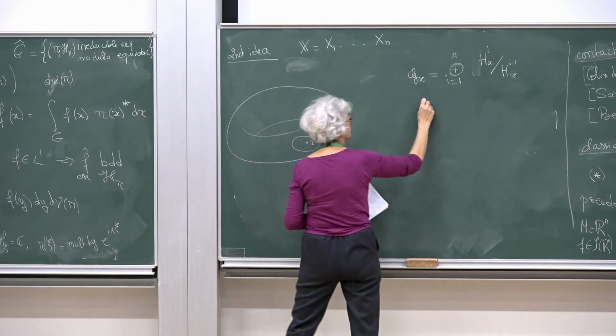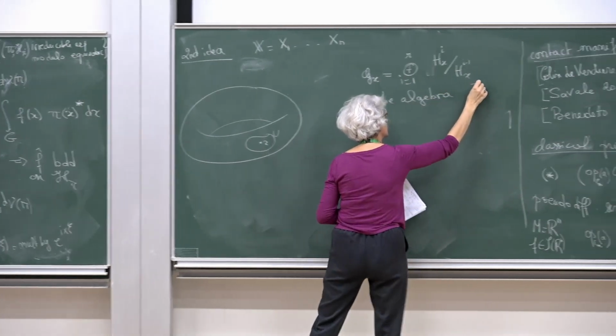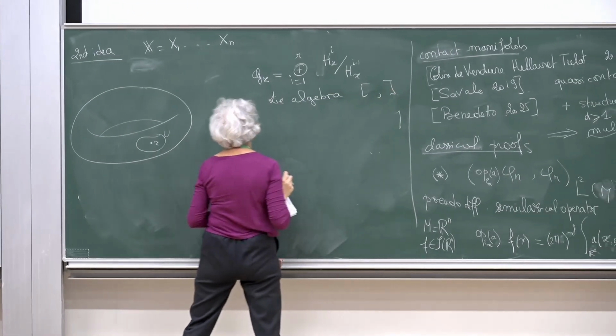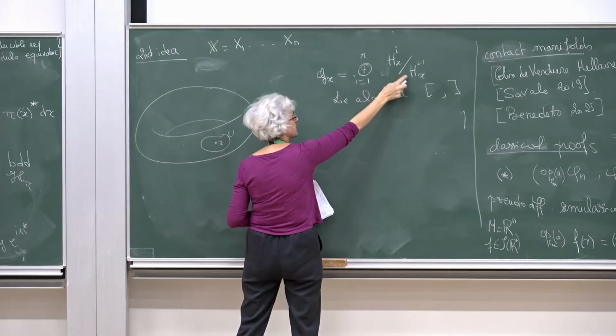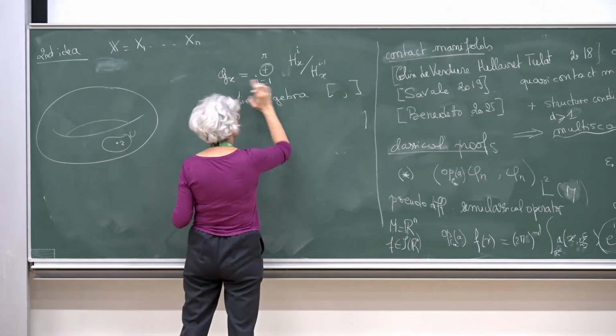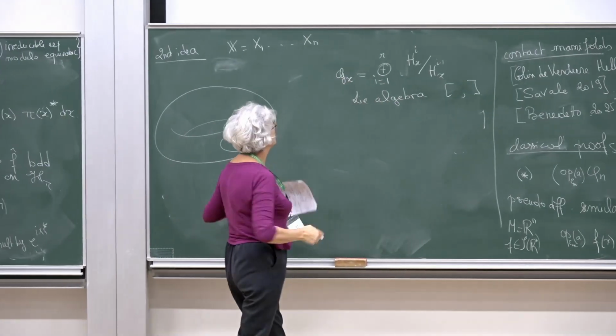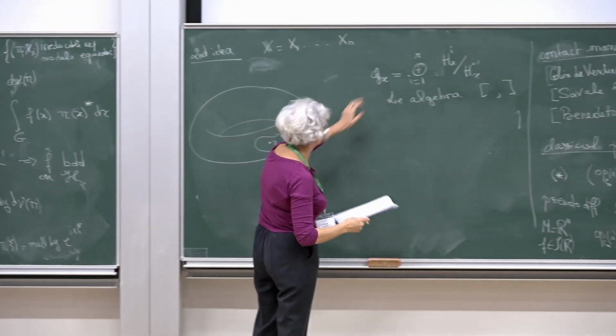If I have a Lie algebra, because I take the same bracket, since this was compatible with the Lie bracket, it means that the Lie bracket in my tangent space is giving a Lie bracket on G_x.